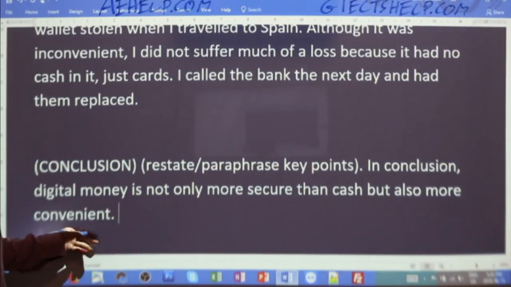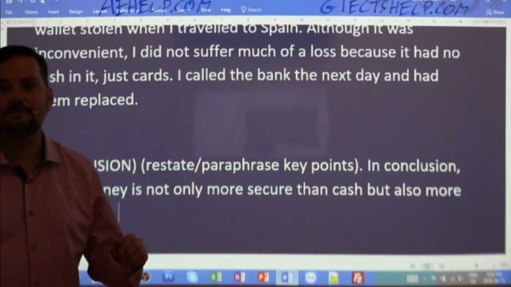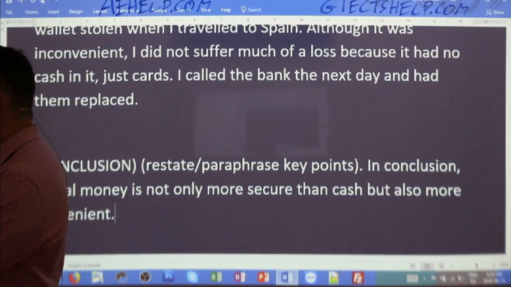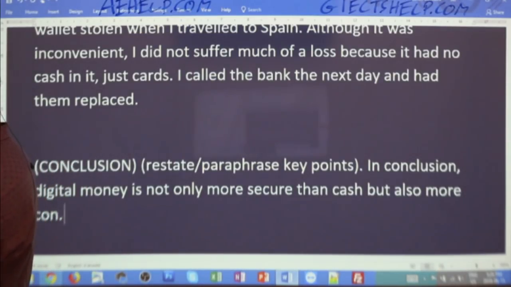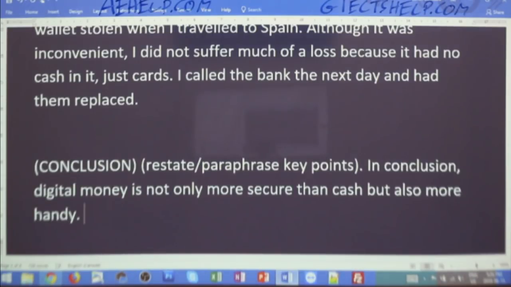Could I say something different? Yeah, handy would be a good one. Sure, let's take that. Okay, so this is where synonyms paraphrasing come in handy. Handy is good. Flexible, Lytton, would be a good one as well. Okay, now I restate my argument strongly.